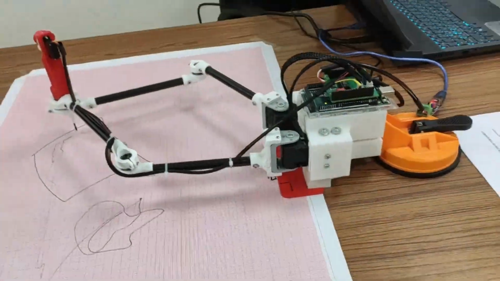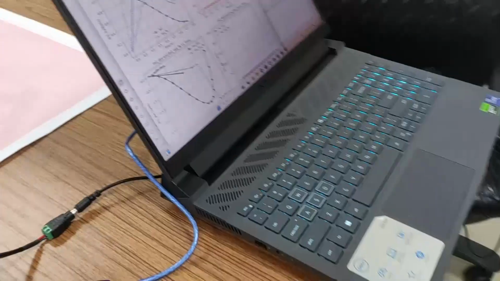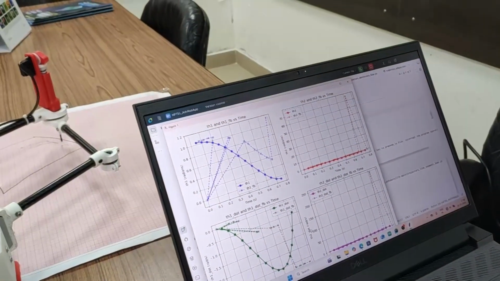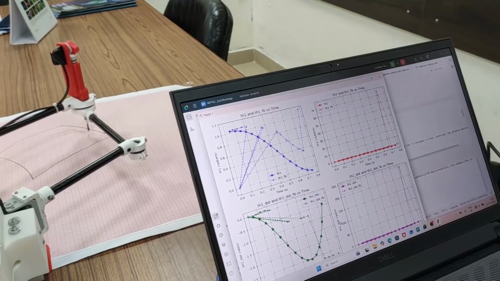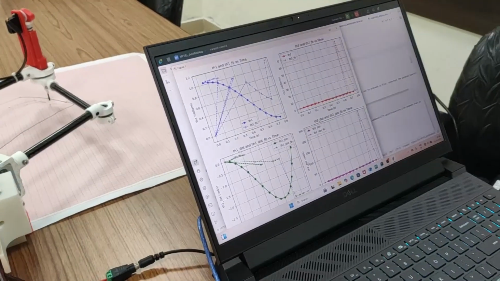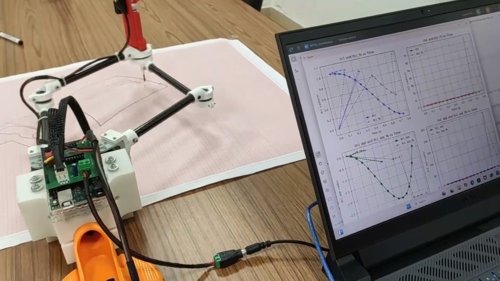What about a curve? So can we draw a curve also? Yes.